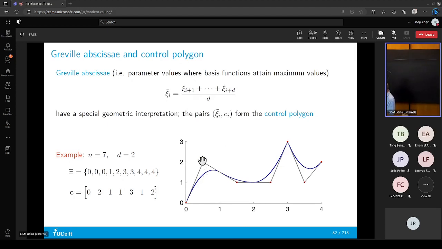And if you combine the Greville abscissa as the x-axis and the C points as the height, or the y-axis, then you get this control polygon. And this is how you really geometrically model, if you would see this as a curve, with splines. You are literally pulling these control points. And afterwards, I give you an interactive demo where I do exactly this, really pulling the control points.